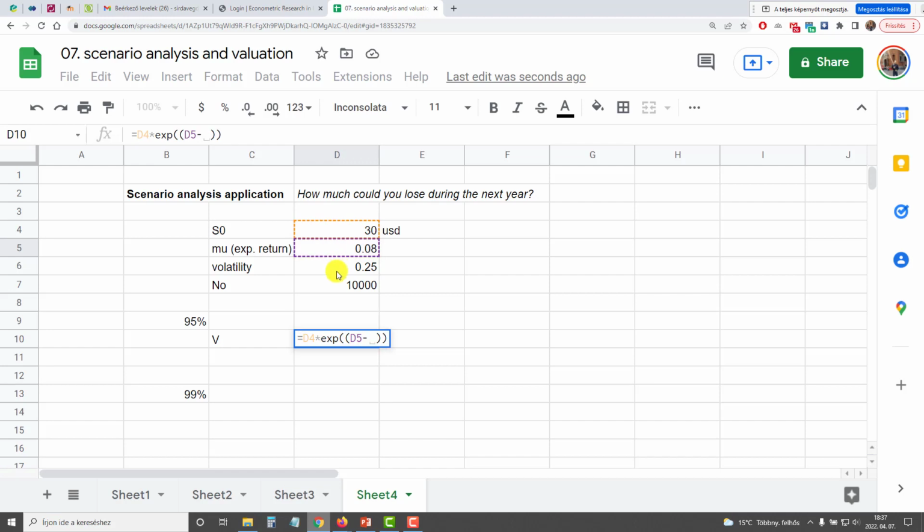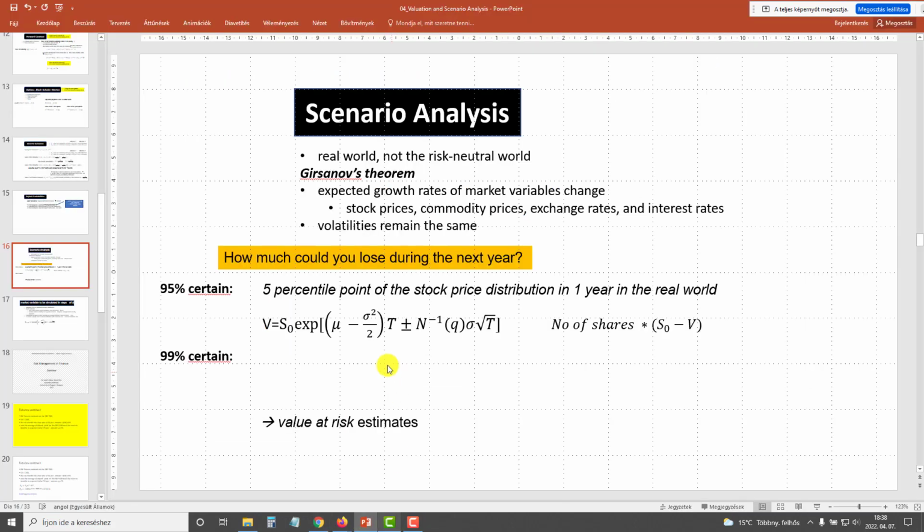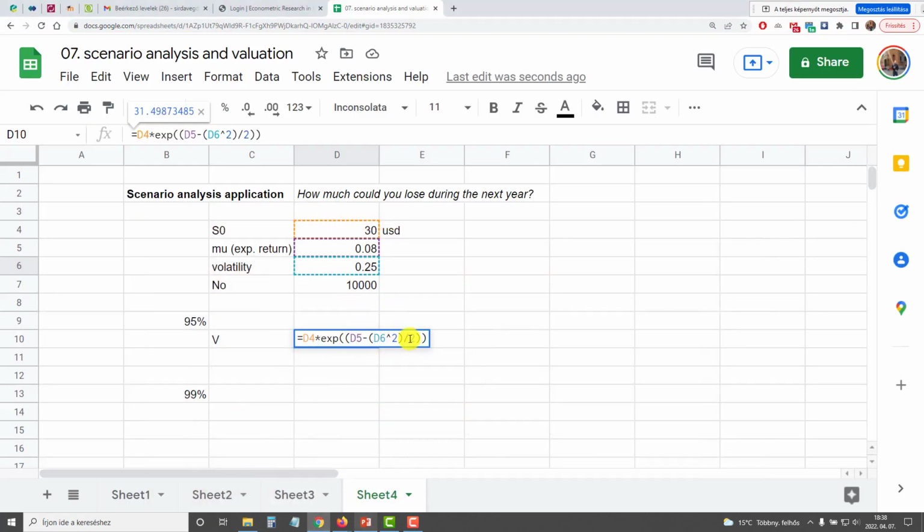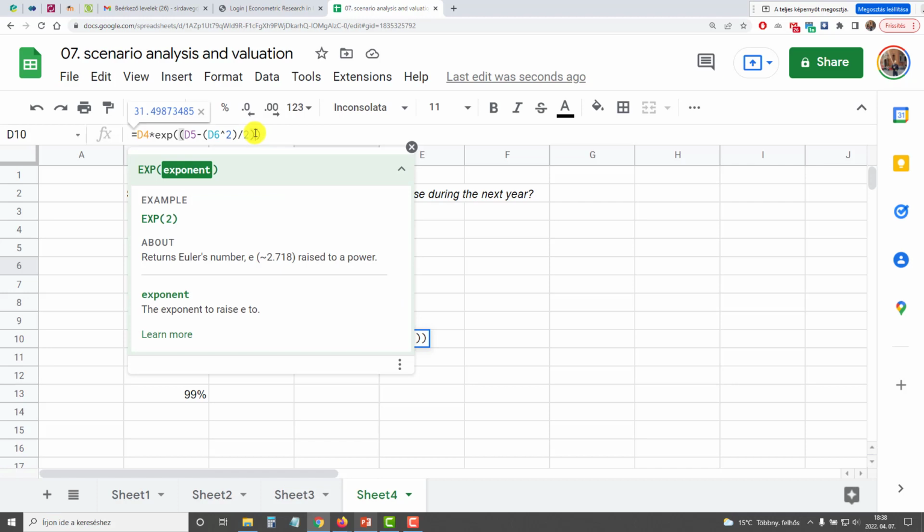Minus volatility on square divided by 2, and we're supposed to have also a time multiplicator here, which is missing again, because why not to miss it?